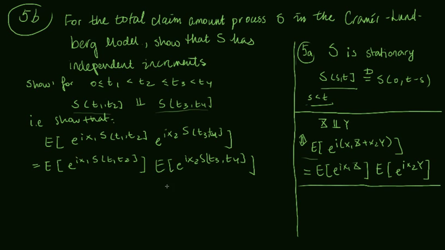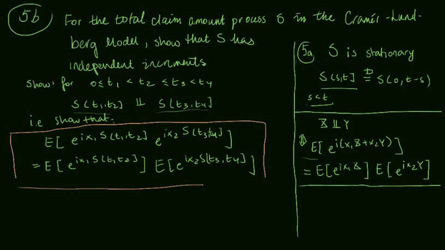Okay, now I've written down what I want to show. And just to make it very clear, I'm going to put an orange box around it. This is what I want to show. The strategy will be that we start by calculating this side, the joint characteristic function, or what we call the characteristic function of the joint distribution.